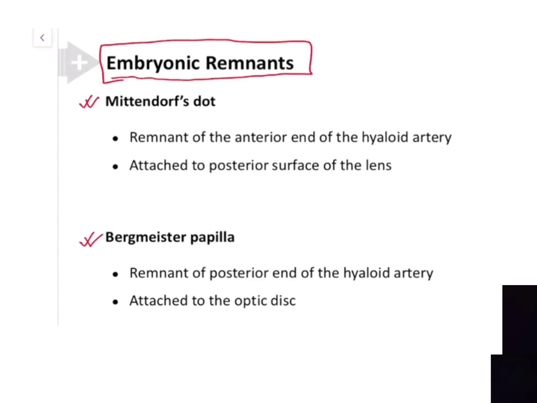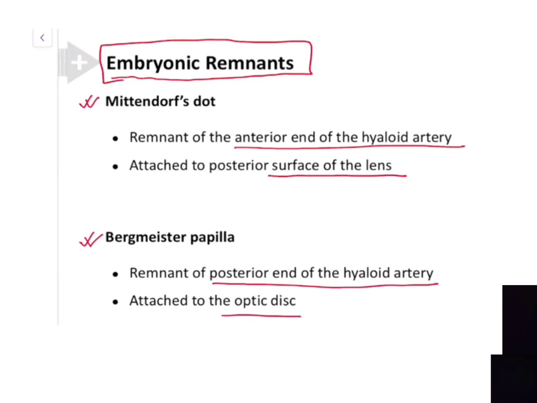So the Mittendorf's dot is when the anterior end of the hyaloid artery remains and it is attached to the posterior surface of the lens. So this is the lens, the anterior part of the hyaloid artery remains attached to the posterior surface of the lens, that is called as Mittendorf's dot. And there is also something called as Bergmeister papilla, which happens when the posterior end of the hyaloid artery remains attached to the optic disc.